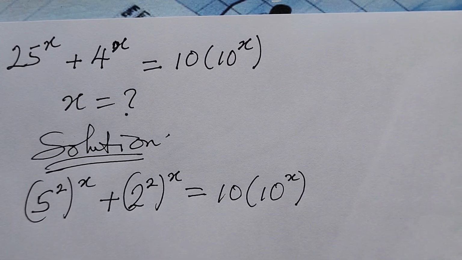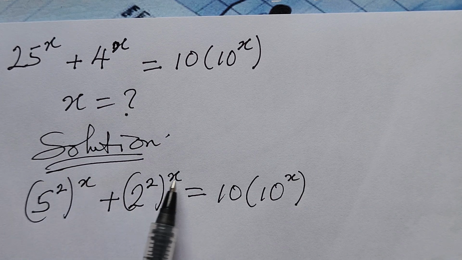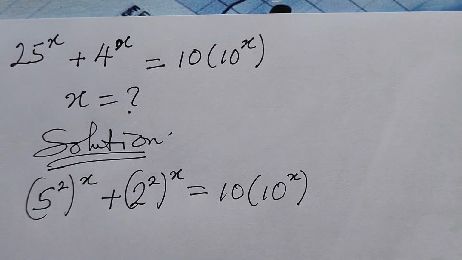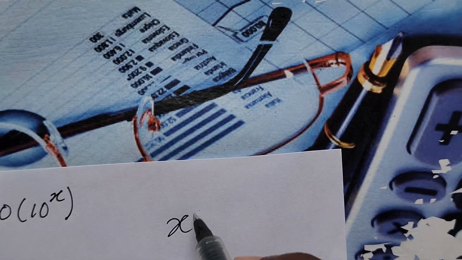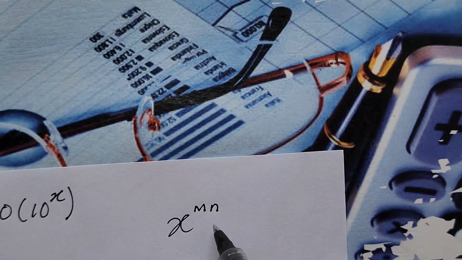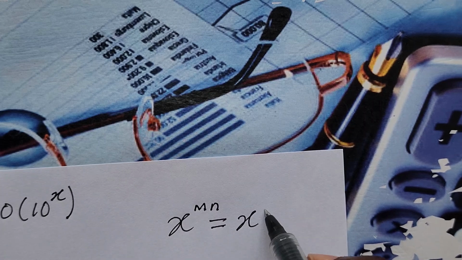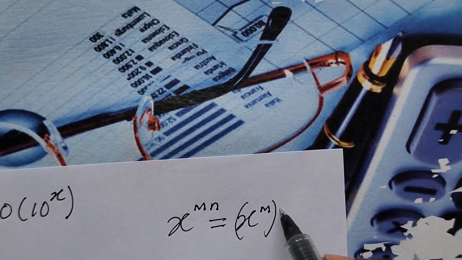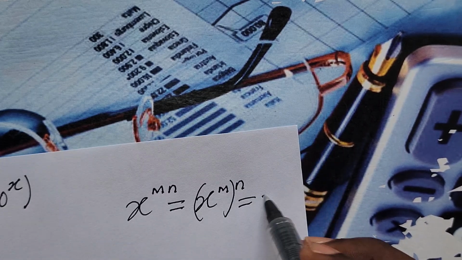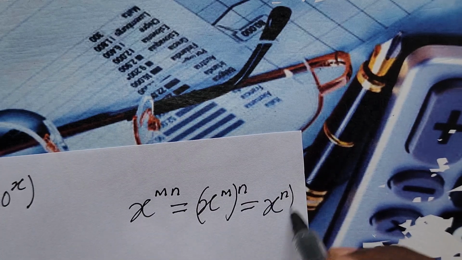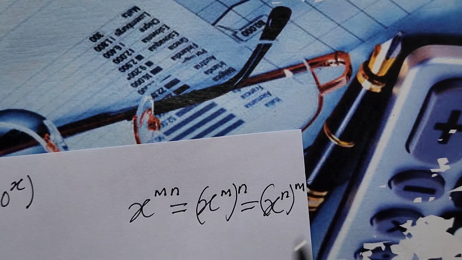Now, what we observe here is simple, right? What we can do here, we can use this power to multiply this, use this power to multiply this. According to the law of indices, which says that you have x all to the power of m, n, this is equal to x to the power of m bracket n, which is equal to x to the power of n bracket m.